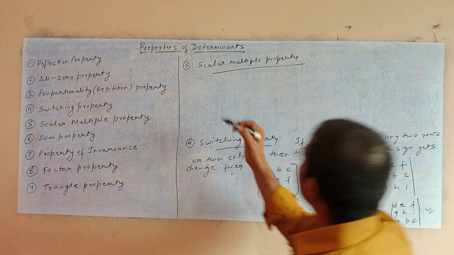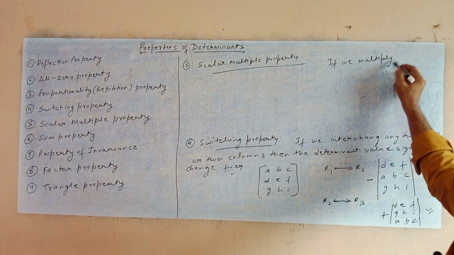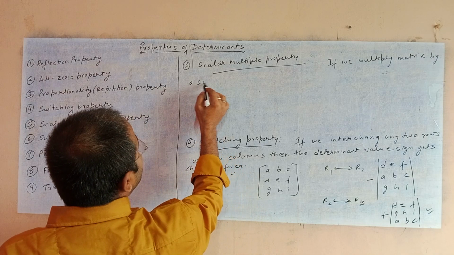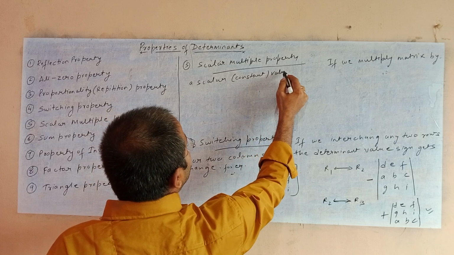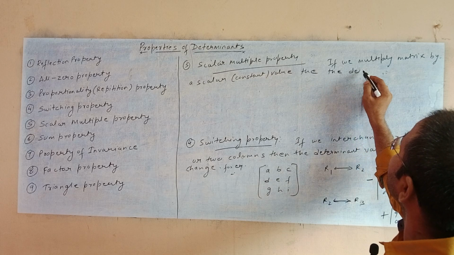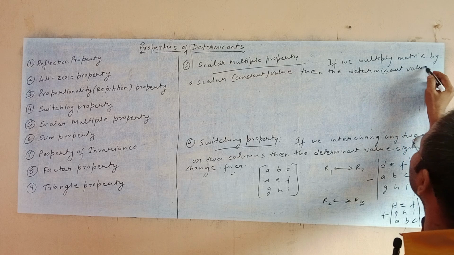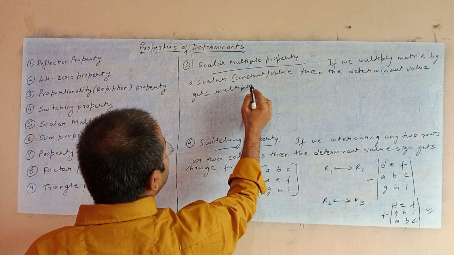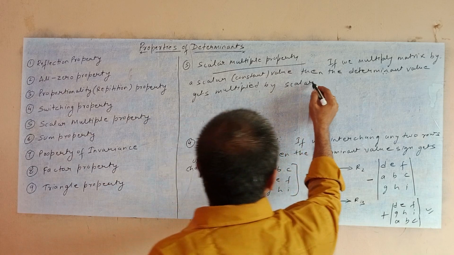Scalar multiple property says that if we multiply a matrix by a scalar or constant value, then the determinant value gets multiplied by the scalar or constant value.